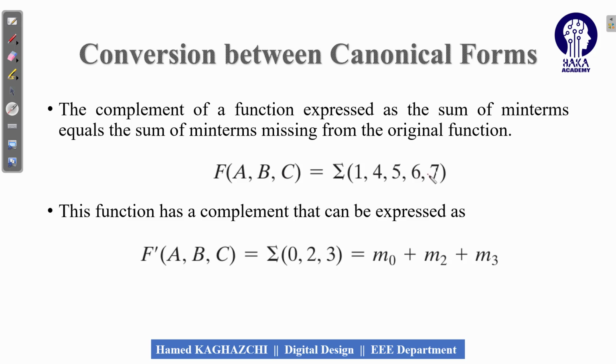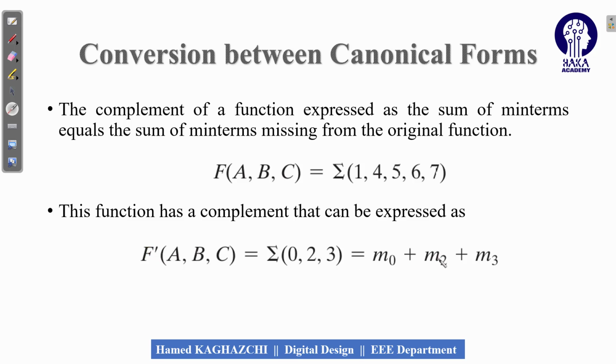Which numbers are missing here? 0, 2, and 3, which means that in the truth table of f, 1, 4, 5, 6, 7 are 1, and 0, 2, 3 are 0. And we say that if we write the minterms of the variable combinations which are equal to 0, we could write the complement of the function.